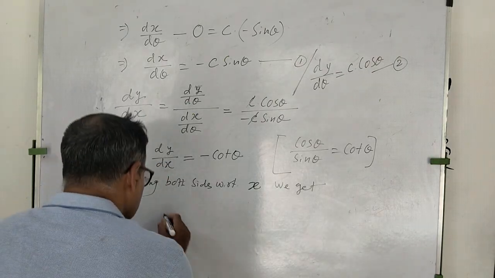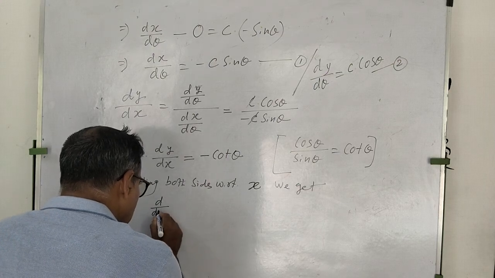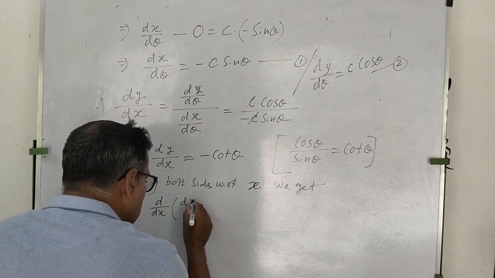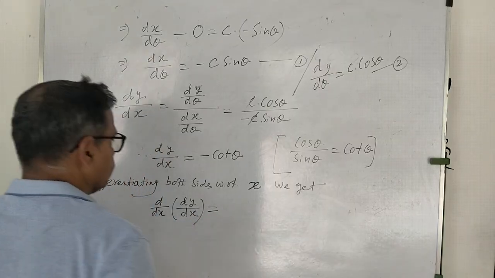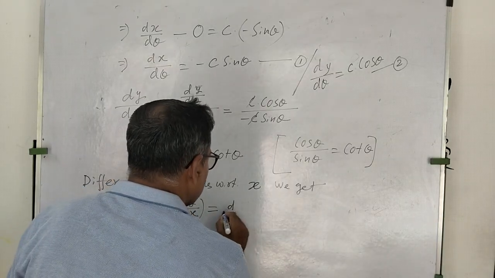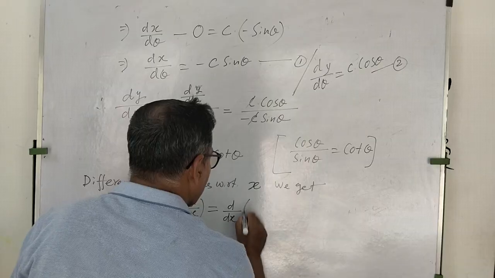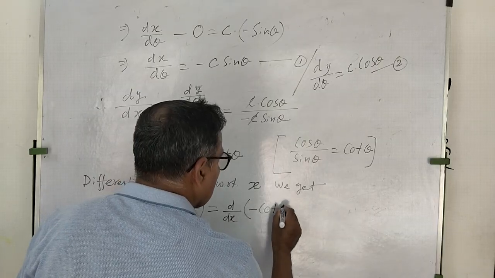We get d/dx of dy/dx equals d/dx of (−cot θ).